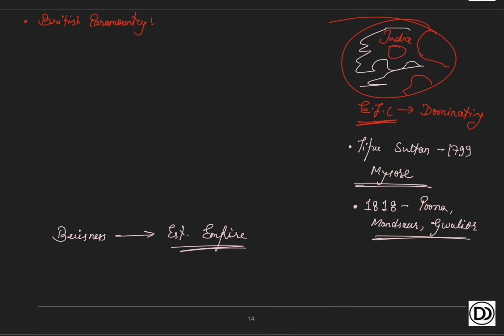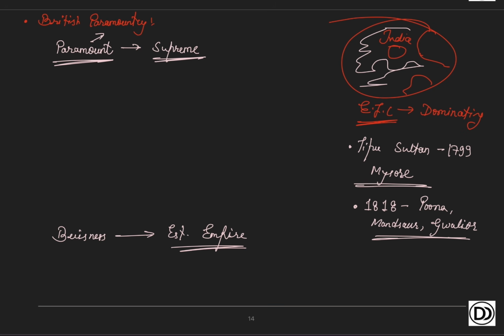As we have established, they wanted to now take control of all of India. So they wanted to assert themselves as most powerful or paramount. In simple terms, paramount means supreme. They wanted to establish themselves as the supreme power in India. So from that becomes paramountcy.